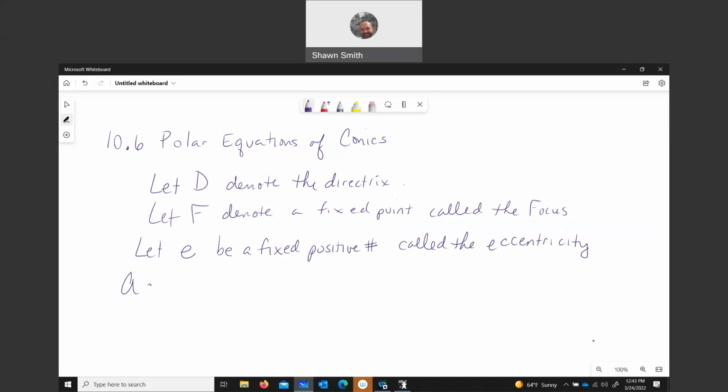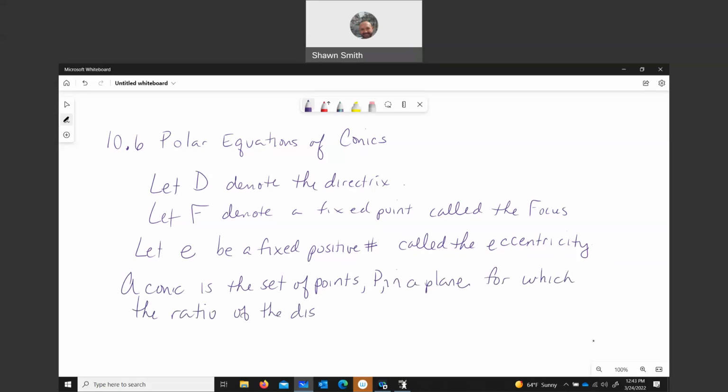So a conic is a set of points P in a plane for which the ratio of the distance from F to P and D to P equals the eccentricity e.